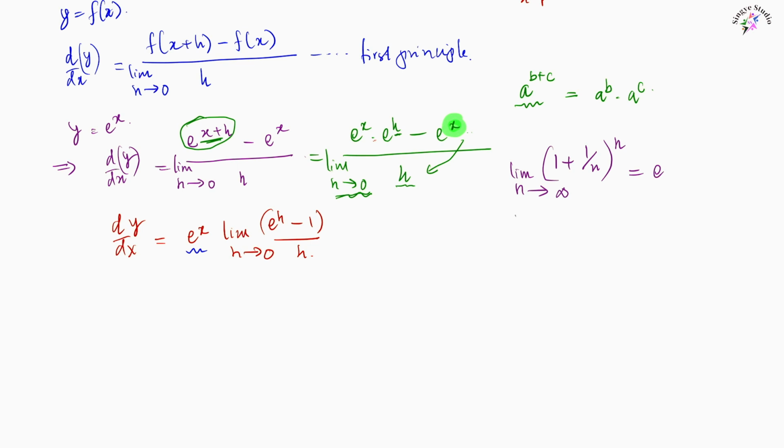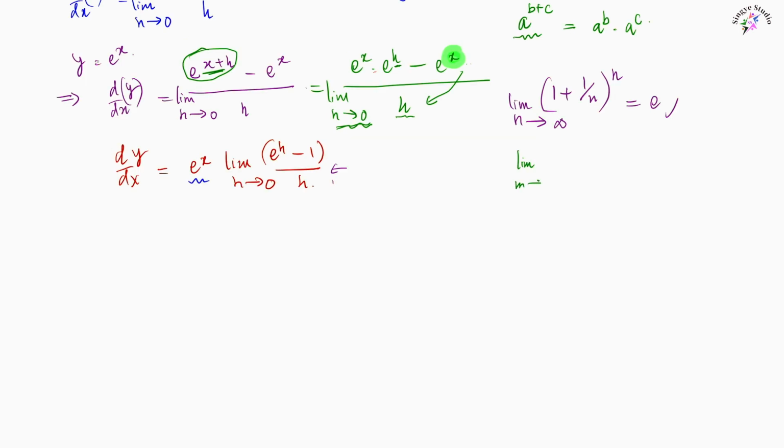Or if we have the limit as m approaches 0 of (1 plus m) whole raised to 1 over m, then it will be e. So by using either of these expressions and modifying them, we'll try to evaluate the limit and find the derivative of the function e raised to x.